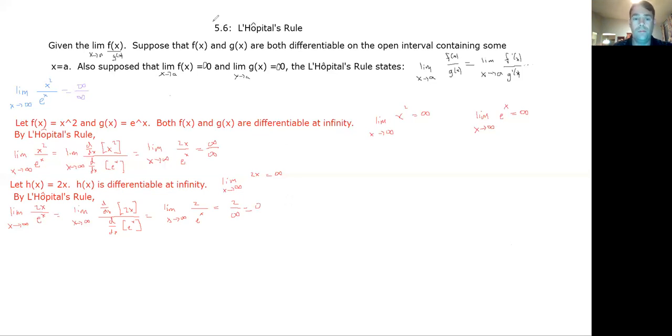Therefore, the limit would be equal to 0.